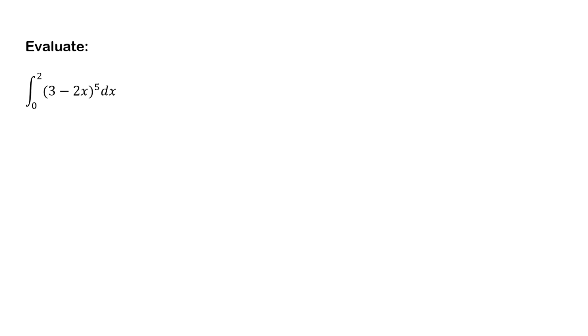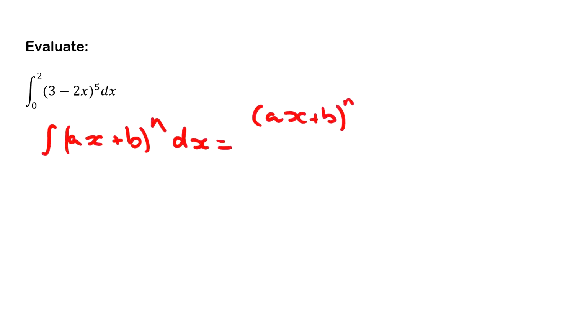So now we have a different type of question. This time we have a definite integral. So you do the same thing, and this one's involving the same formula. Except this time we won't need plus c because we've got a definite integral, so dx.